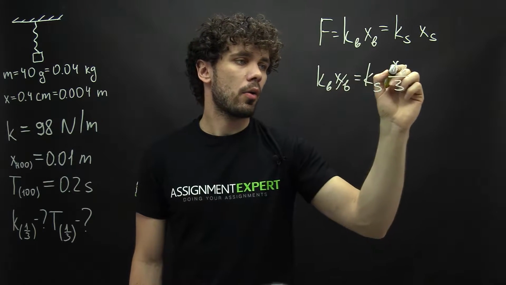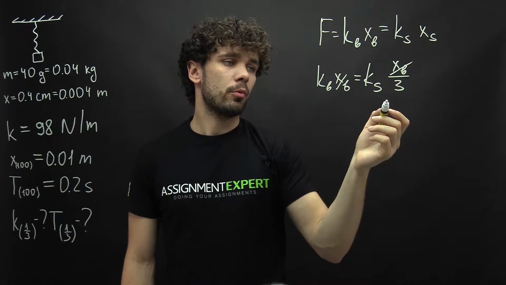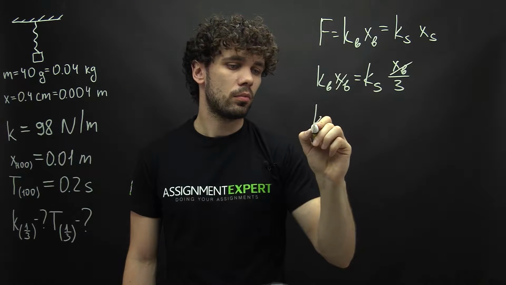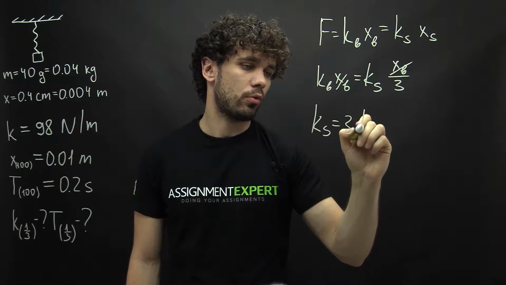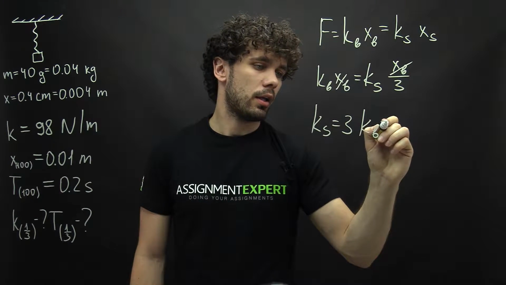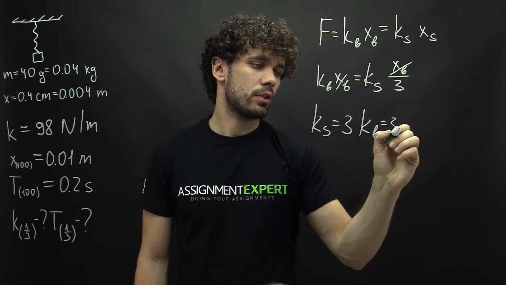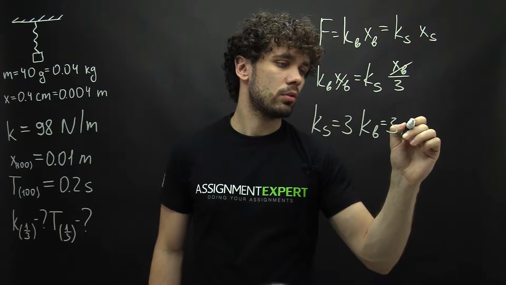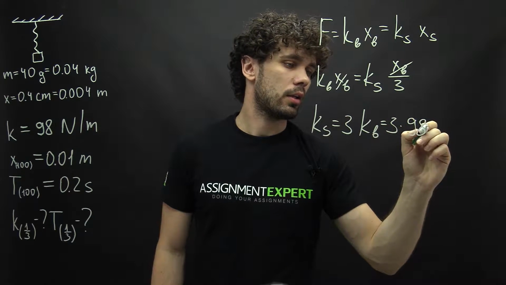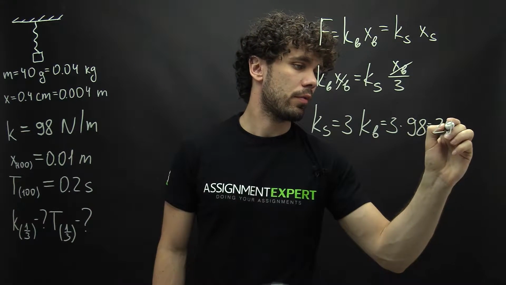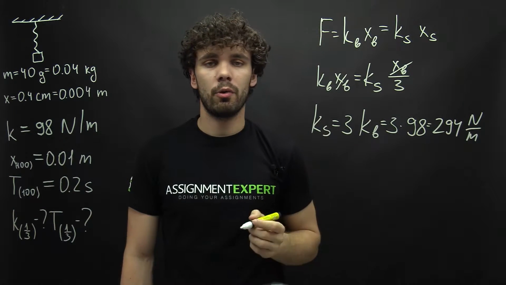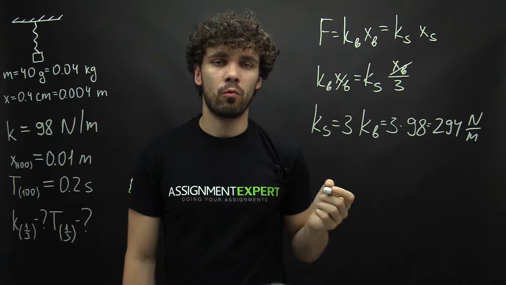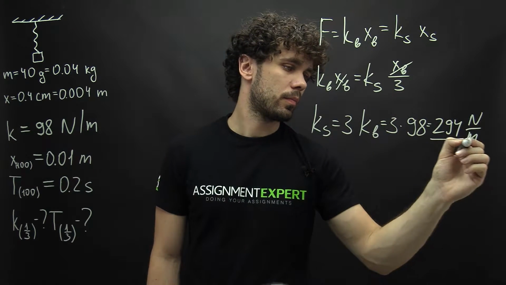And we can cancel out X big, and from here we derive K small as K big times 3. So 3K big. And this gives us 3 times 98 and equals 294 newtons per meter. So here we found the spring constant for 1/3 of the spring.